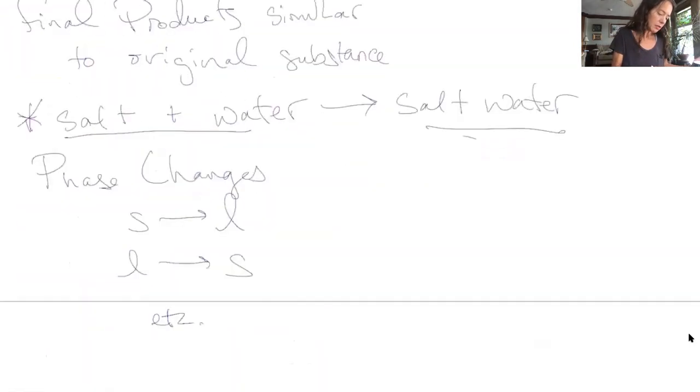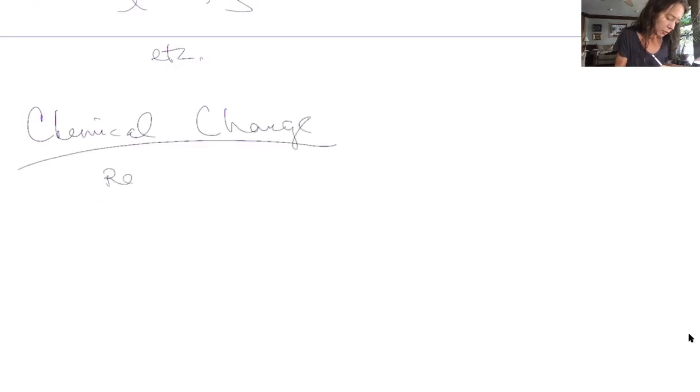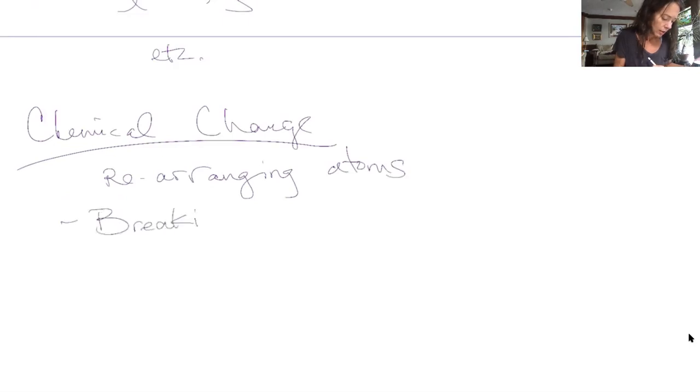So now let's look at some chemical changes, right? In a chemical change, you are actually rearranging atoms. And in rearranging those atoms, you are either breaking and or forming bonds, right?